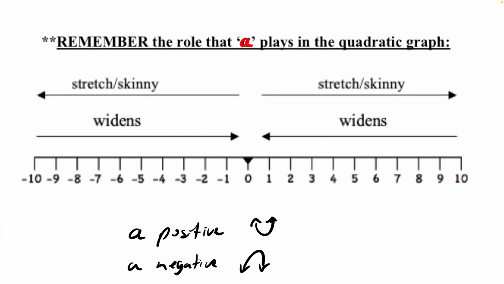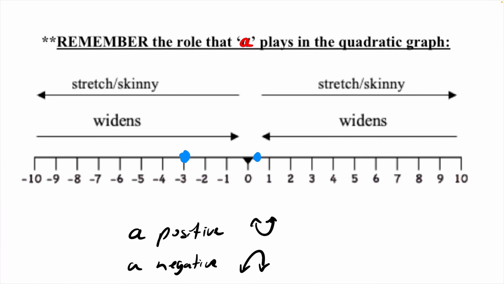What was A on example number 1? -3, right? What was A for the one we just did, number 2? 1/4. Which of those is closer to 0? 1/4. The closer it is to 0, the wider it's going to be.